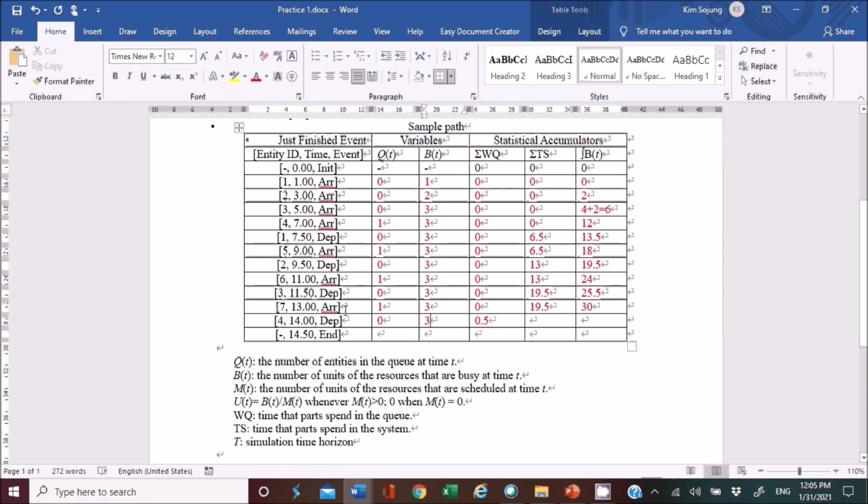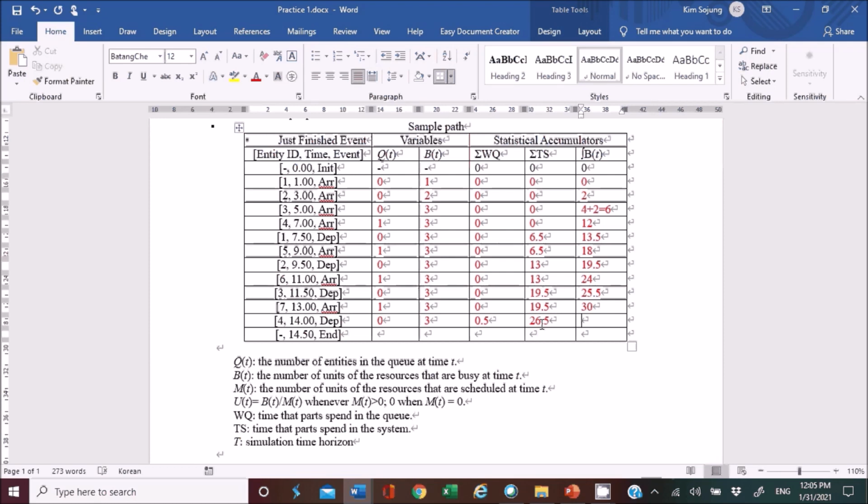Because entity 7 enters one of the servers. Time in the system of entity 4 will be 7 minutes, so you have to add 7 to the 19.5, which will be 26.5 as the value of this total time in the system.